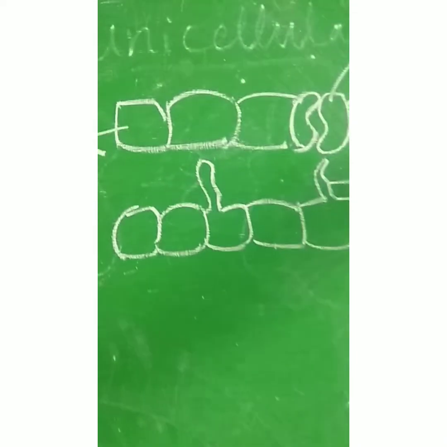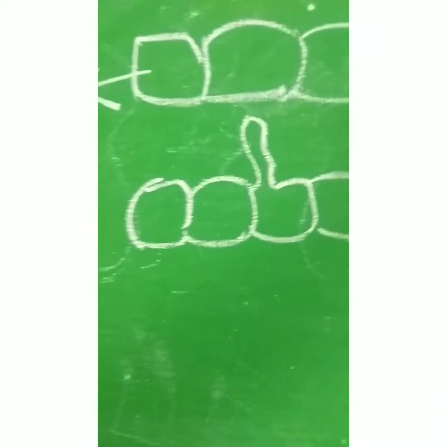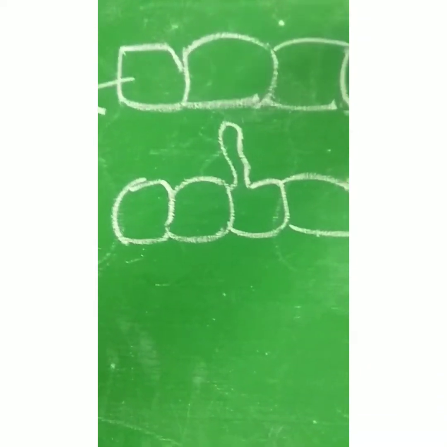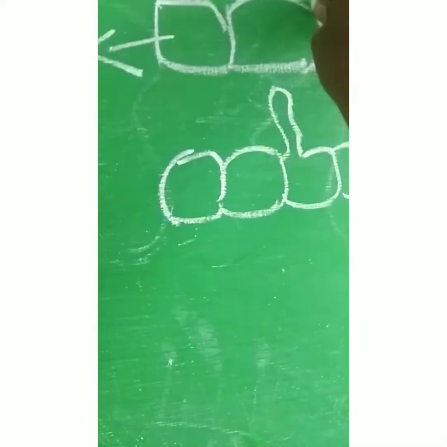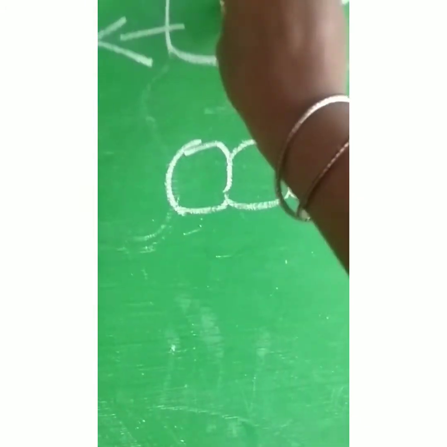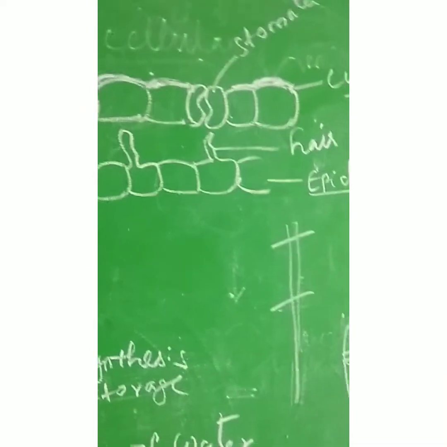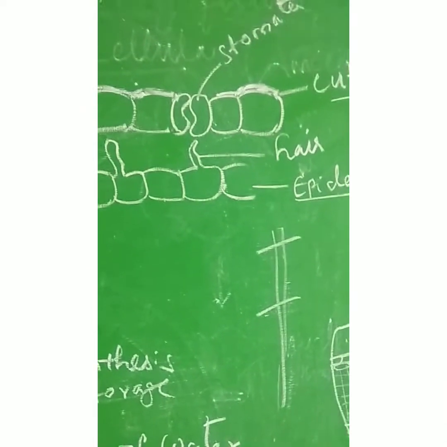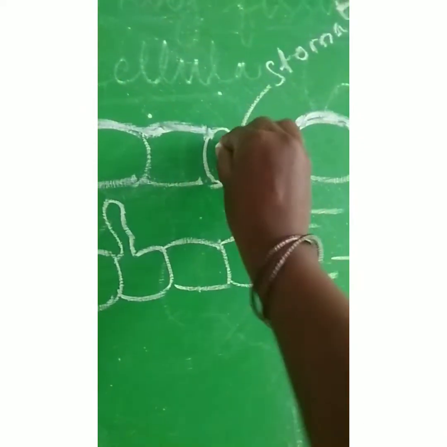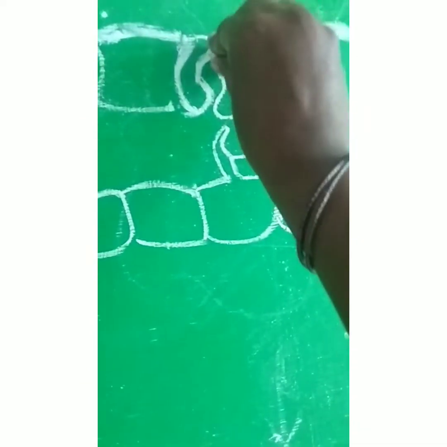So in a leaf we see the cuticle. The cuticle is a thicker outer layer of the epidermis. This cuticle avoids water vaporization.